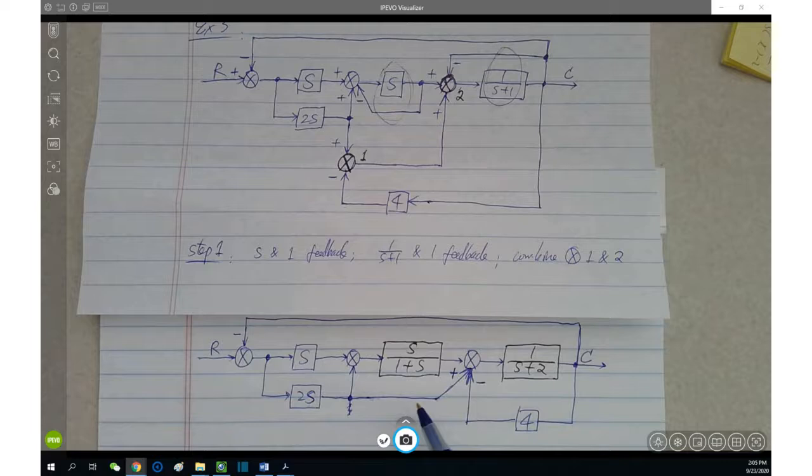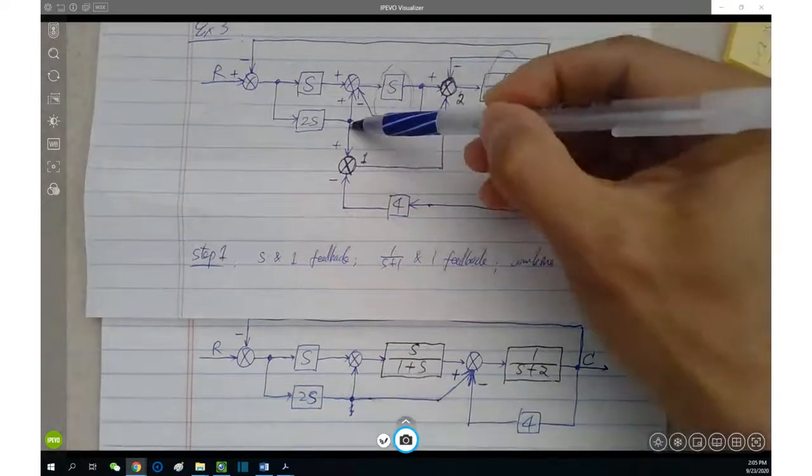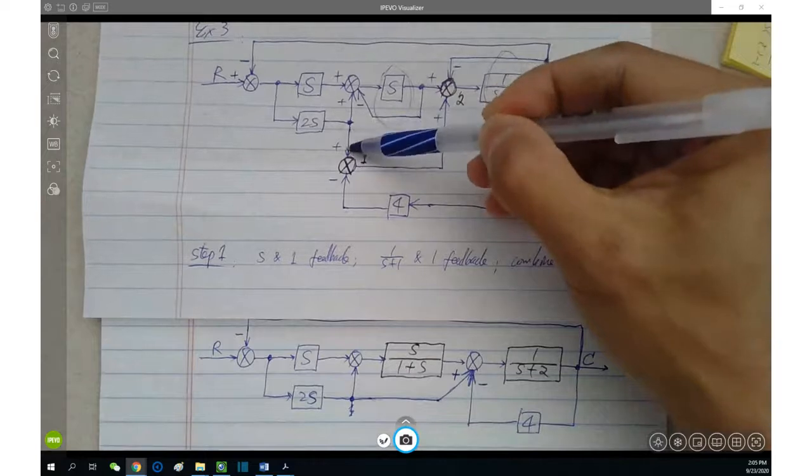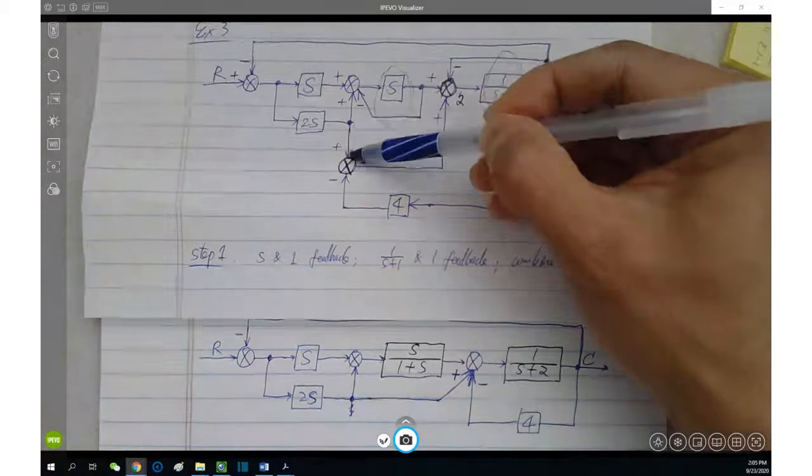Yeah. Oh, no. Once again, this is a signal. This is not a transfer function. When you talk about 2S, it is a transfer function, not a signal. This is the signal. So that's just a 1. Yes, this signal is here, original is here. This is the signal. What is this signal?